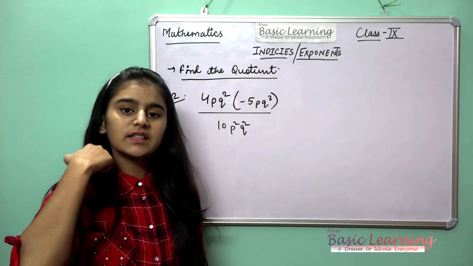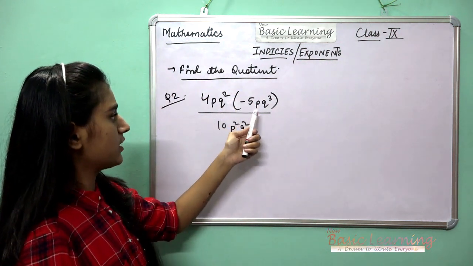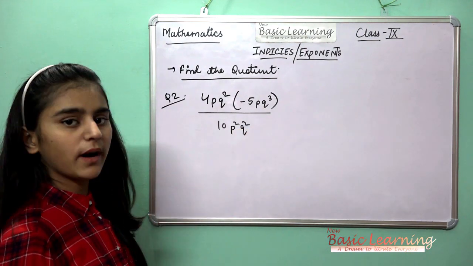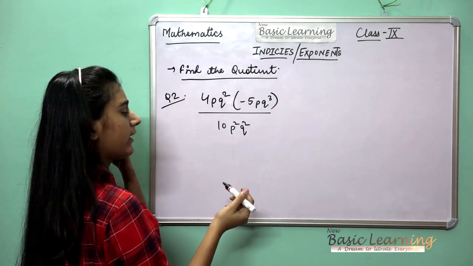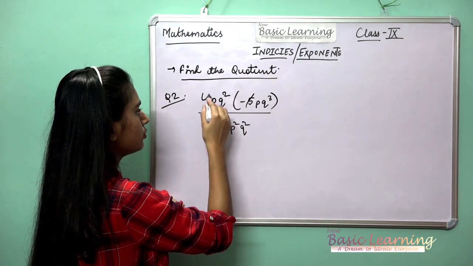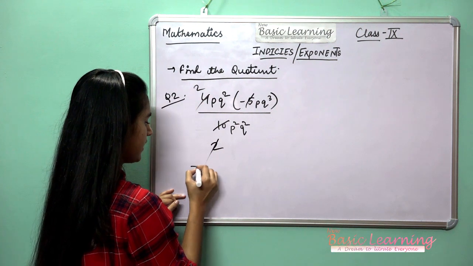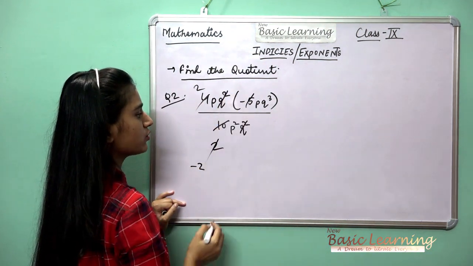So this is the answer. Now let's see the second question: 4pq minus 5pq cube upon 10p square q square. So let's solve this. You can divide: 5 twos are 10 and 2 twos are 4, so it will be minus 2. Q square is cancelled by q square.